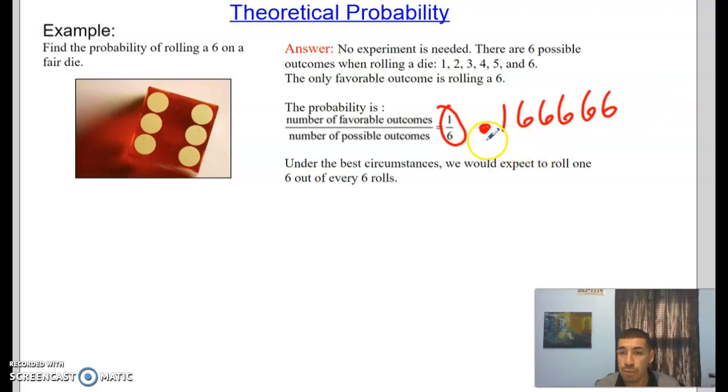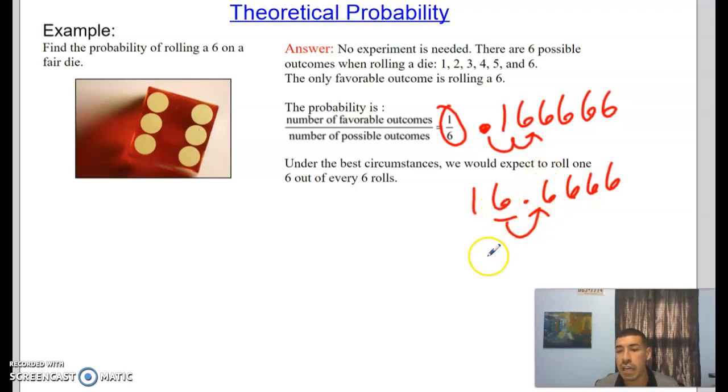So you move the decimal twice to the right, and this becomes 16.66666%. We will be rounding to the whole number. So the 6 looks at the 6 on the right. If this number is 5 or greater, then we will be rounding up. So this becomes 17%. Okay?